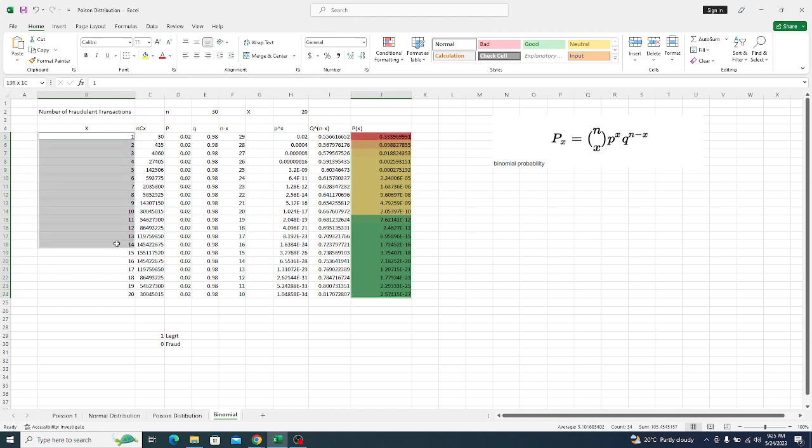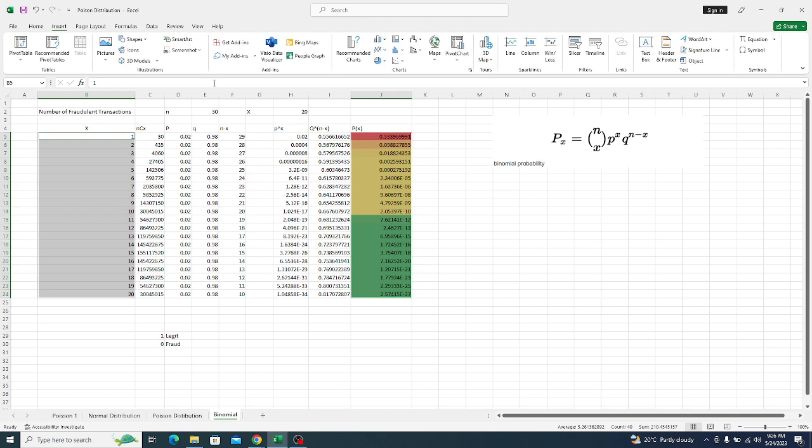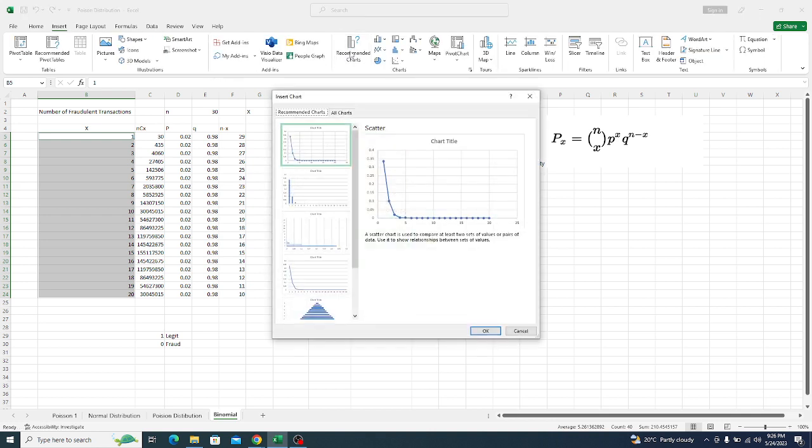Then we can also present this in a graphical distribution, or in a graphical representation. So with that, you are going to highlight the two columns, the probabilities columns. Of course, it will be our y column, and then x is the total number of trials.